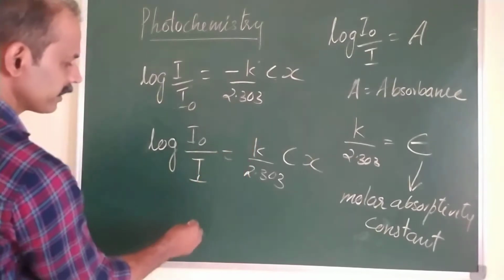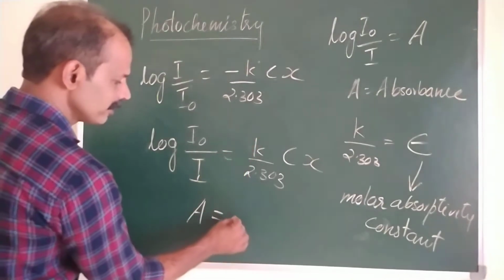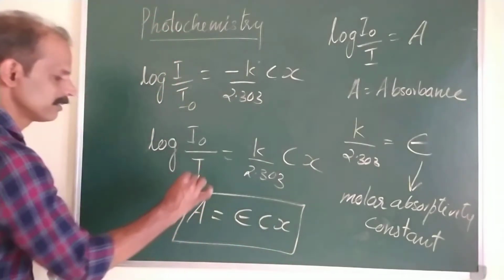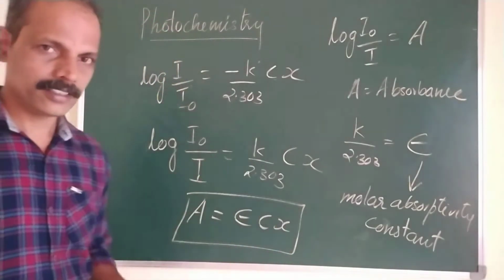Then we get an equation like this, A is equal to epsilon Cx. This is our Beer-Lambert law.